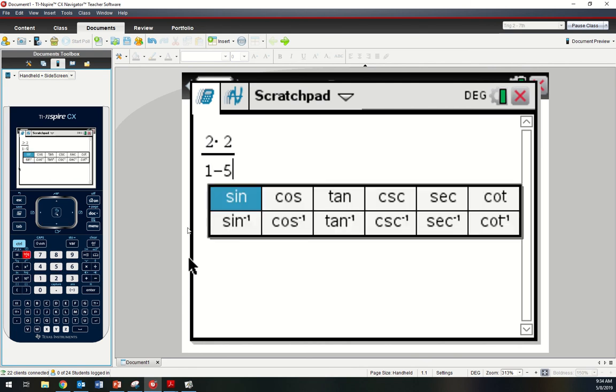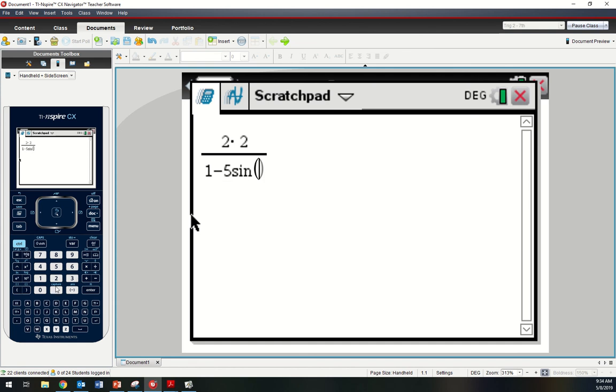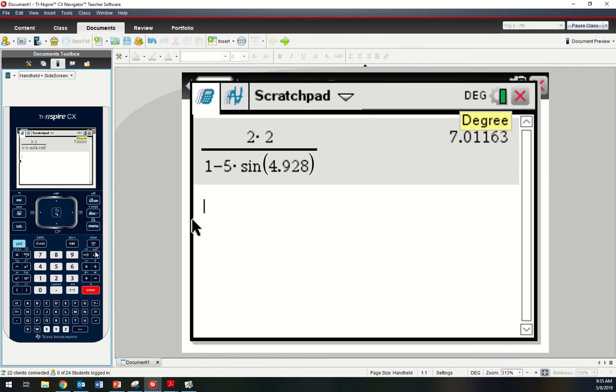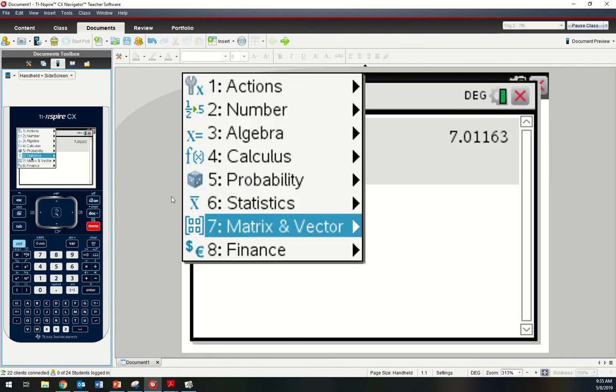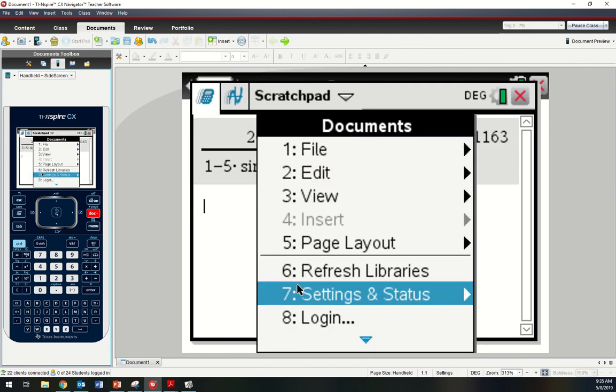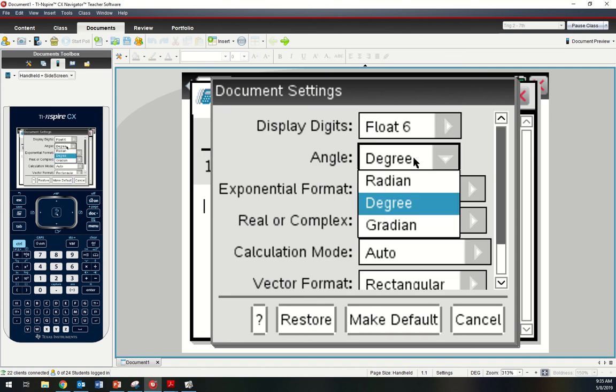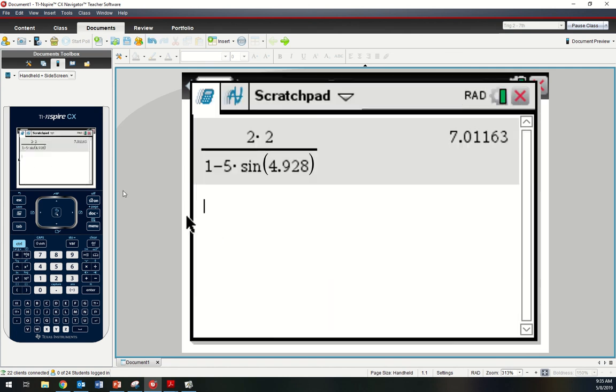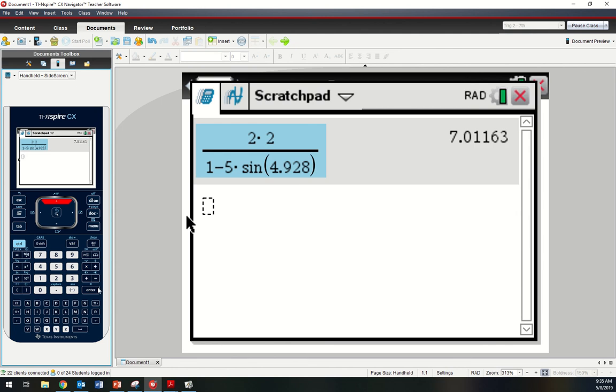Find sine of y, which is going to be 4.928, right? And make sure this is going to be in radian. So I'm going to hit enter, then go back and change it real quick. Menu, settings, to radian. Make default. Then I just hit arrow up again.